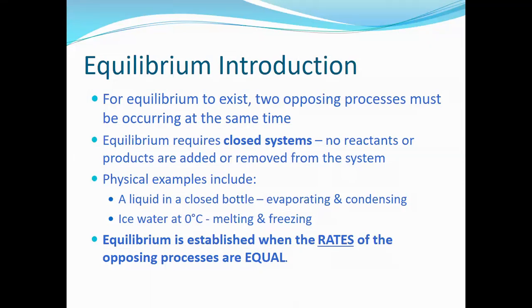But if you could adjust the faucet so that the water flowing into the tub was flowing in at exactly the same rate that the water was also draining down the drain, then the level of water in the tub would stay constant. You would have reached an equilibrium position. Okay, so equilibrium, the rates of opposite processes are equal.